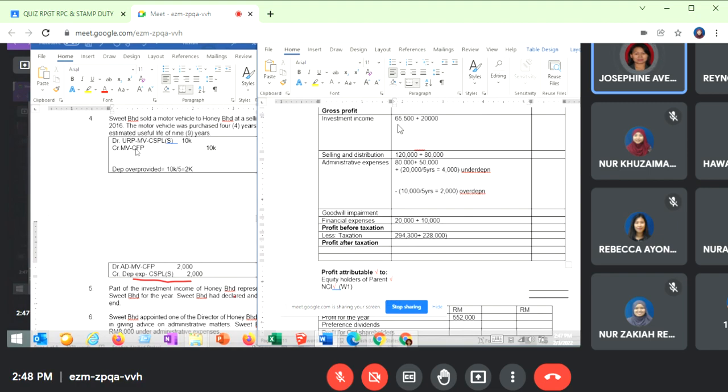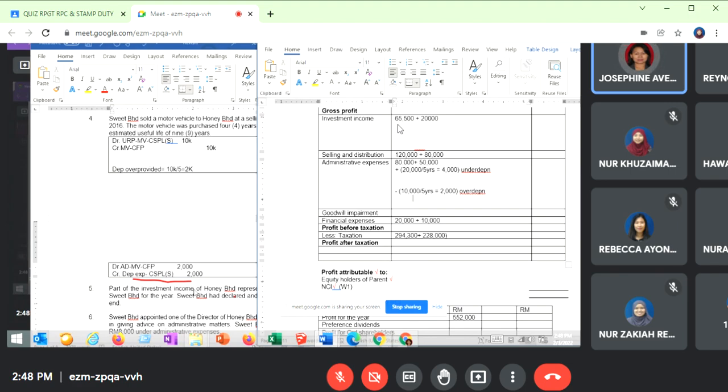Yeah, there is no profit being shown here. It's definitely not under investment income. Okay, so I think that gain is not shown in the question. It should be there. The company that sold the asset would have recognized a gain. That means Sweet should have recognized a gain.